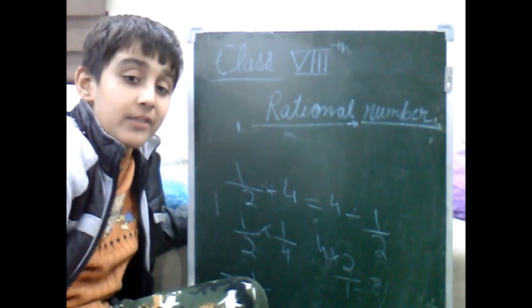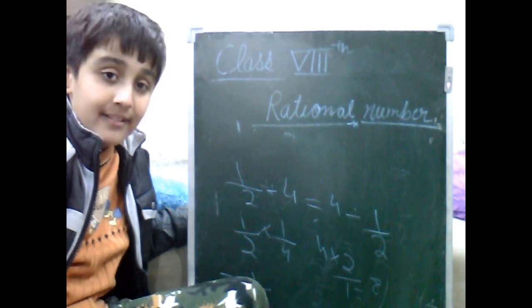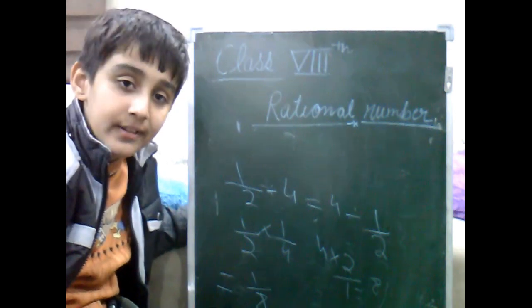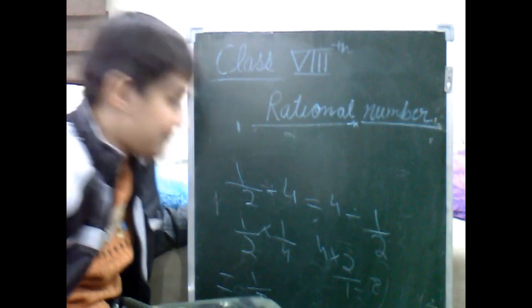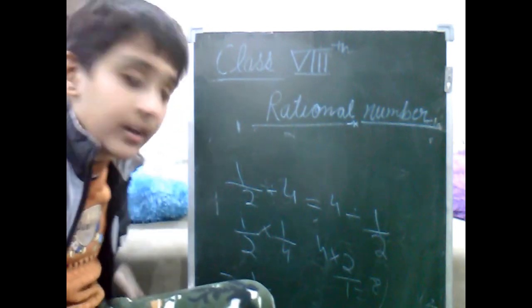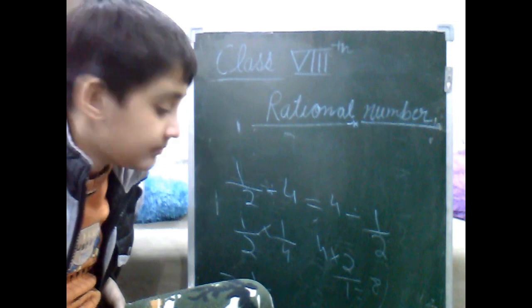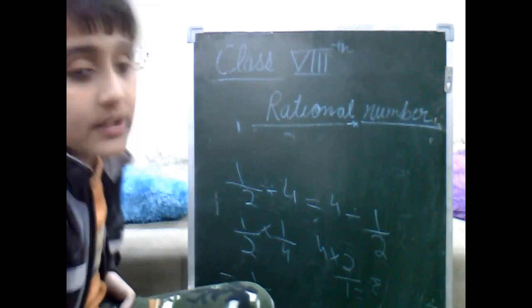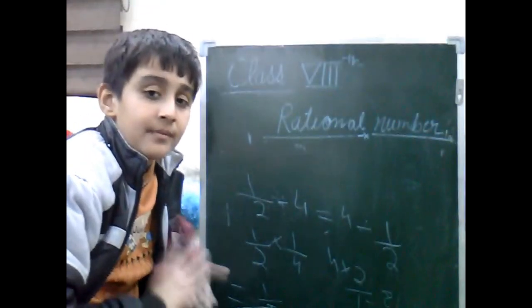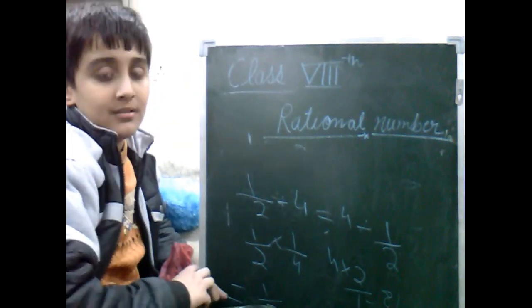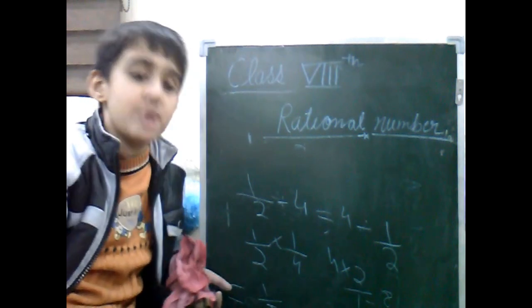There is a lot of difference between 1 upon 8 and 8, right? So can we say it is closed under commutative property? No. So division is not closed under commutative property. Only addition and multiplication are closed under commutative property. Division and subtraction are not.